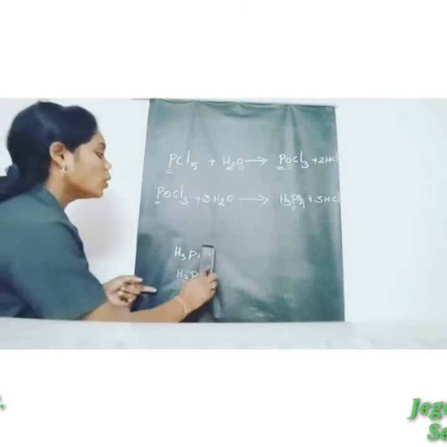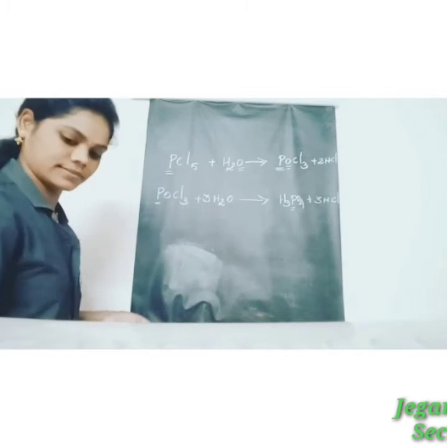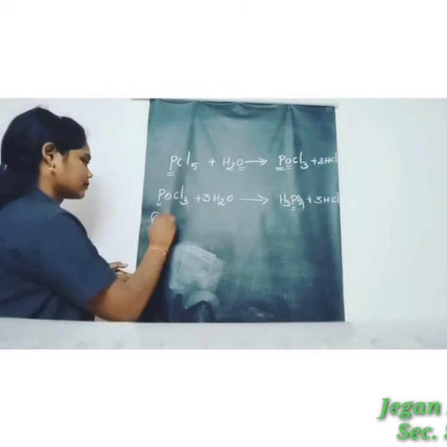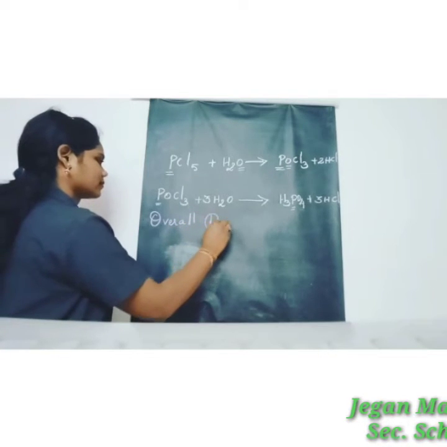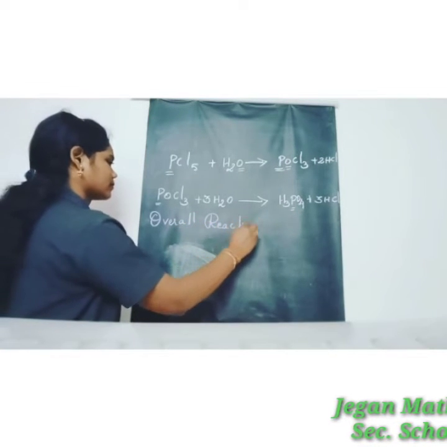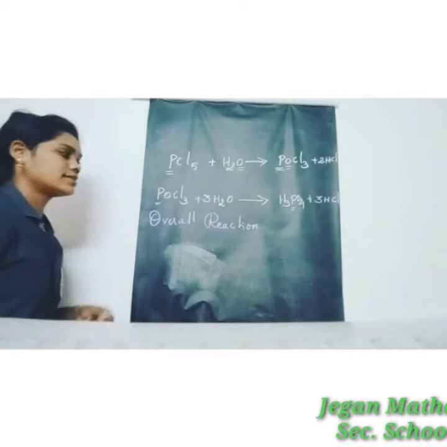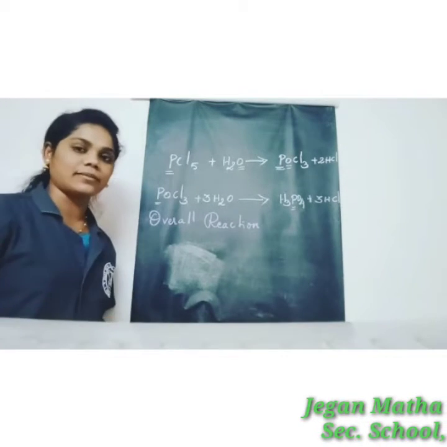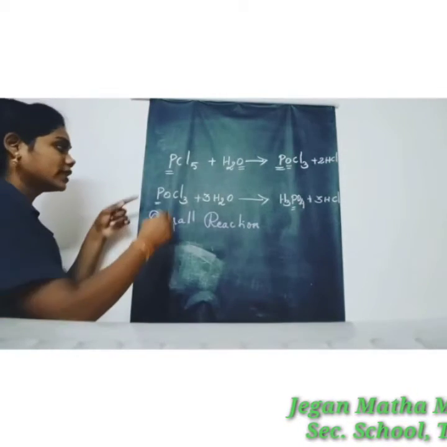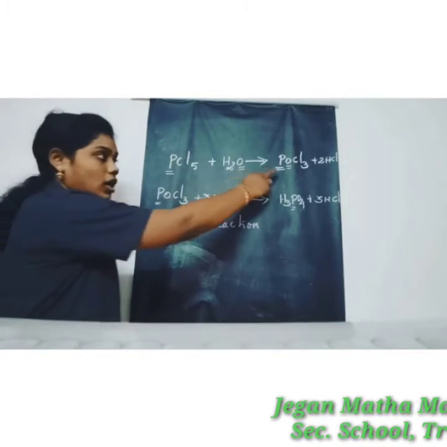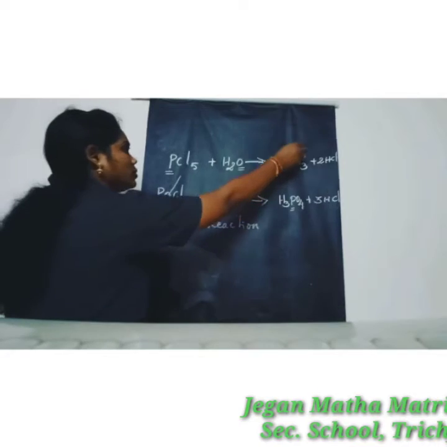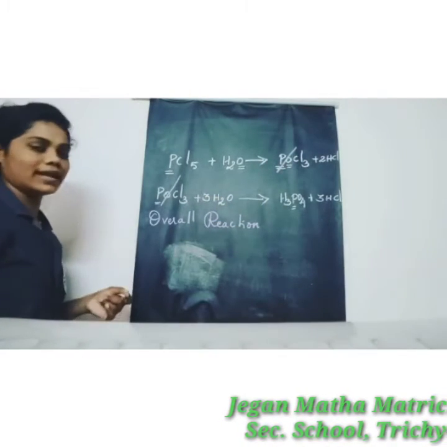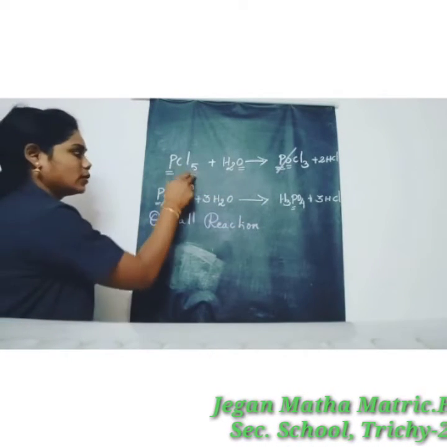Okay. Now overall reaction. Same compound present on opposite sides, cancel the compound. So here POCl3, here also POCl3, phosphoryl chloride. So cancel these two terms. What is remaining? So add these two equations.